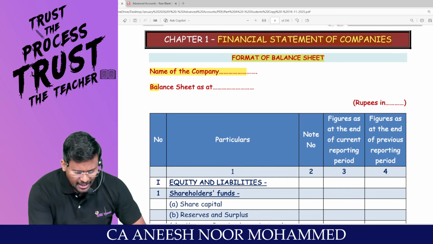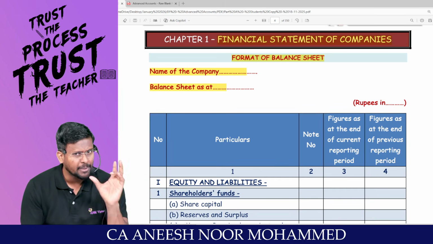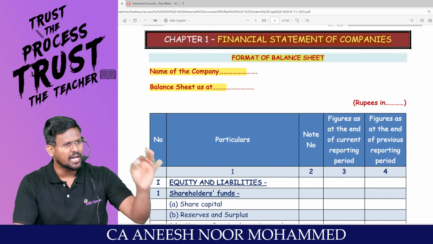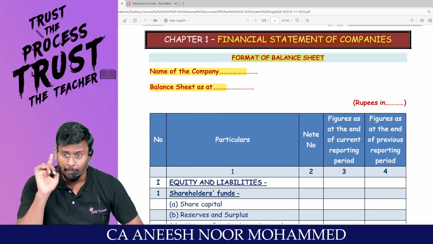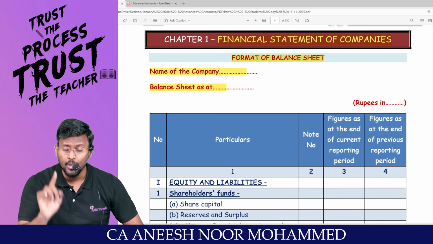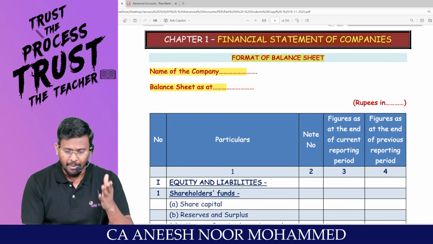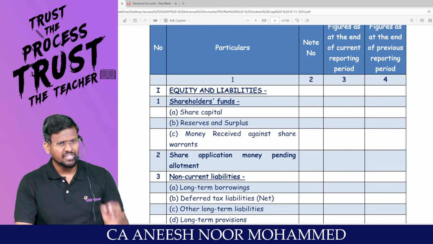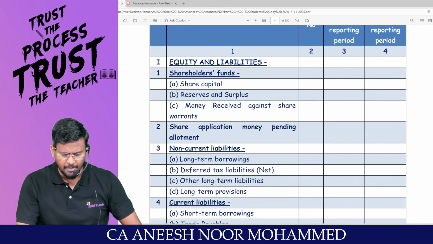As we all know, the P&L account will be prepared for a particular period, from 1/4/20XX to 31st March 20XX. But the balance sheet will not be prepared for a period. Balance sheet will be for a particular day. Are you all really with me? My dear lovable students, this is the way in which you have to present the financial statement, that is the balance sheet.